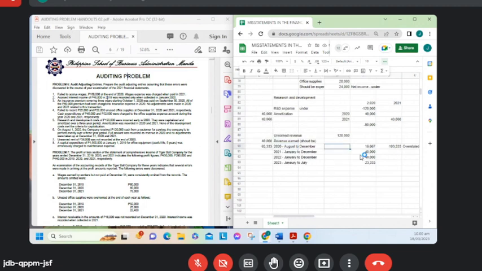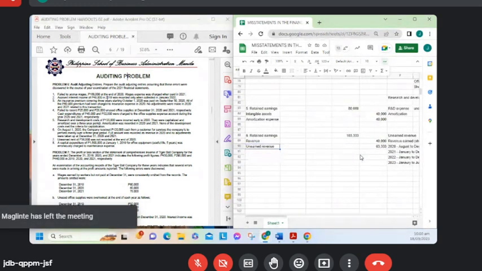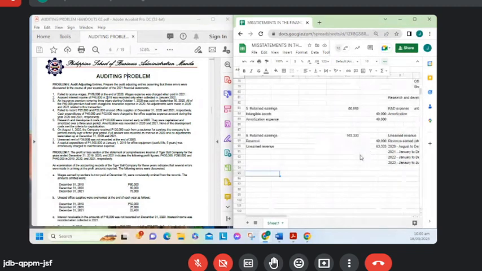Okay? And that 103,333 will be spread over the revenue for 2021 amounting to 40,000, equivalent to full year revenue, and unearned revenue for amounts to be earned in 2022 and 2023. Okay? So that's the entry. Right, that's number 6. Let's go to number 7.